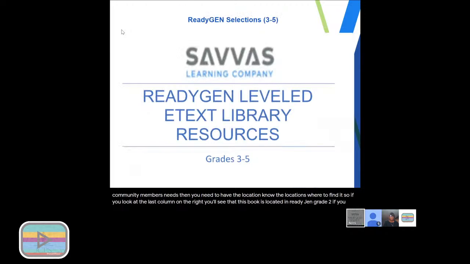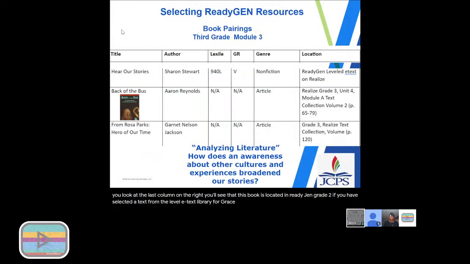If you have selected a text from the level e-text library for grades 3 through 5, you will have another location. For example, the book is Back of the Bus. It addresses the broader topic of analyzing literature. How does an awareness about other cultures and experiences broaden our stories? So you'll find that book in the Realize platform, grade 3, unit 4, module A, in a book called Text Collection.